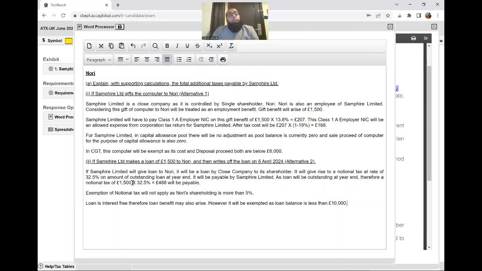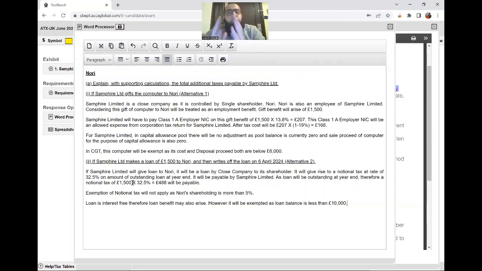Now, when a closed company gives a loan to its shareholder, a notional tax of 32.5% gets payable. If you remember the closed company chapter, which you have studied in corporation tax.